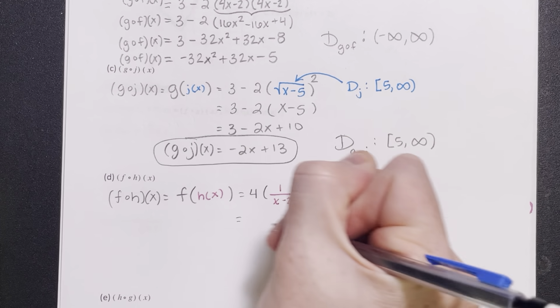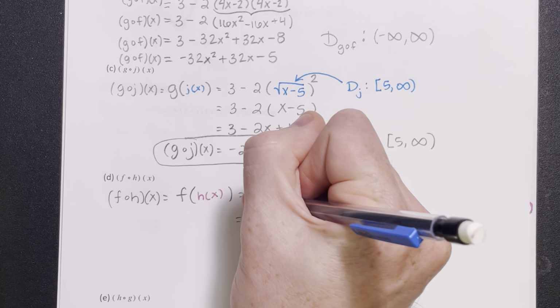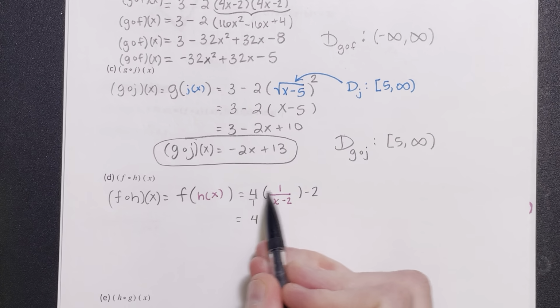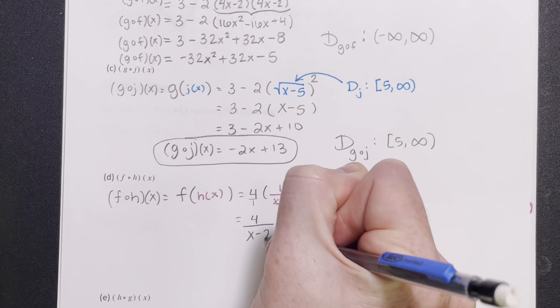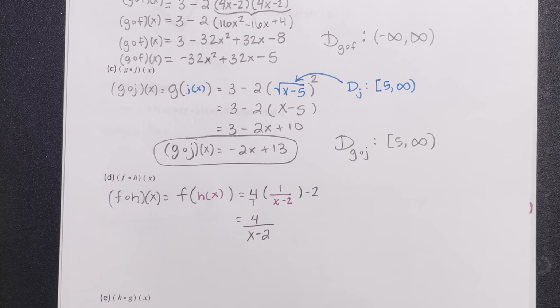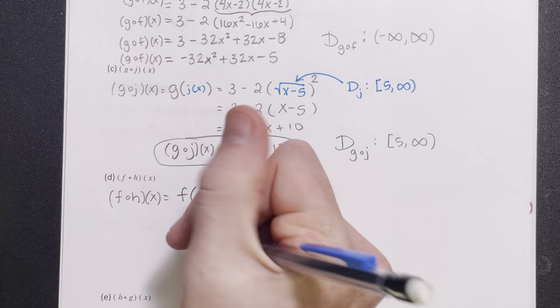To simplify that, that would be 4 times 1, since that's the same as the fraction 4 over 1. We'd multiply straight across, 4 times 1 and 1 times x minus 2, which gives us the fraction 4 over x minus 2, and then minus 2 on the outside.